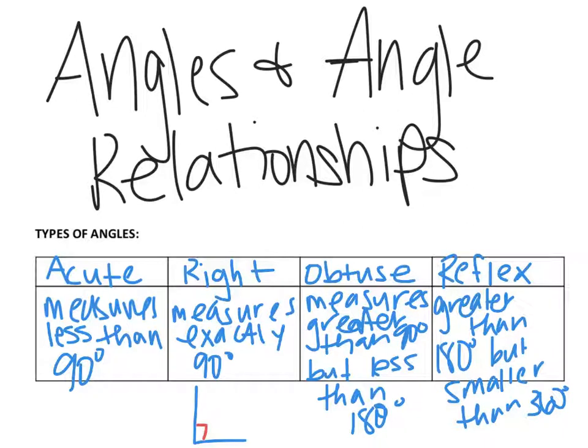So a reflex angle looks something like this, where if you had an angle like this with a 90 degrees, your reflex angle would be the one that goes around the outside, where it's greater than 180 degrees, but it's smaller than 360 degrees. So make sure you have that written in on your notes.